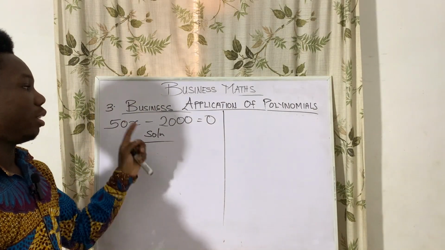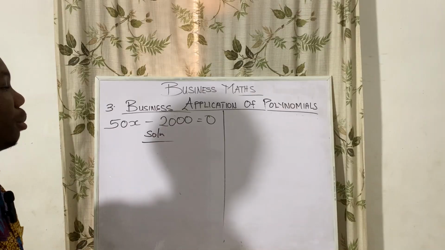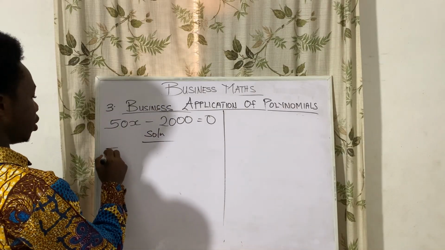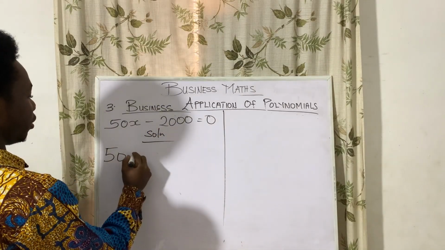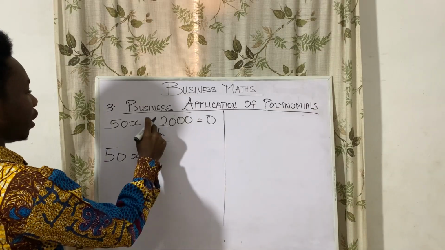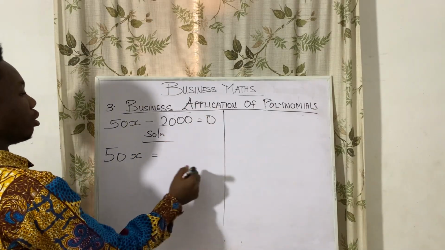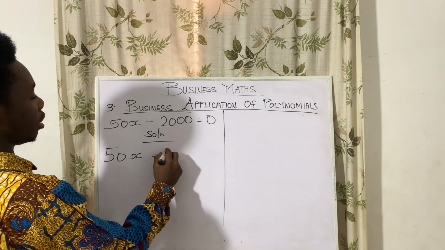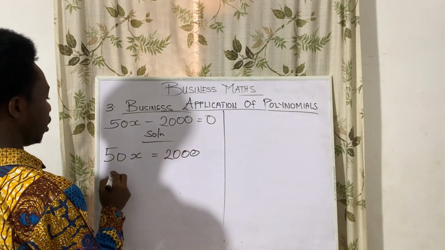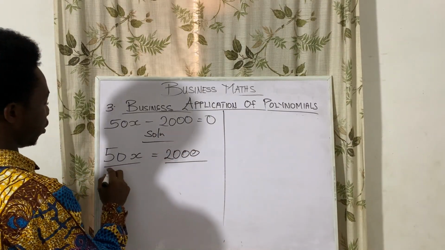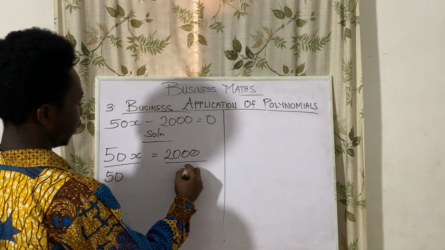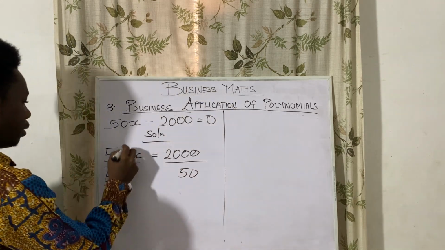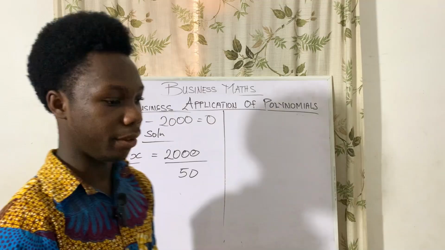So this is an expression, and you group like terms. So 50x is equal to, now when this negative crosses the equal sign, it becomes positive. So we don't write plus 2000, we just write 2000 over here. Now we divide both sides by 50.